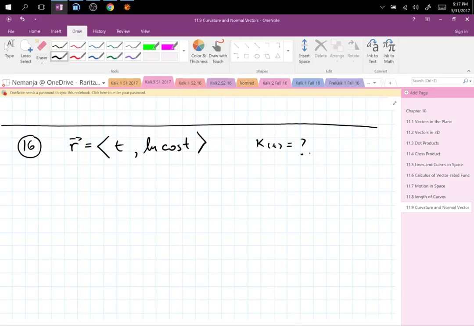So it becomes negative sine over cosine, which is negative tangent t. So let me just work this out.